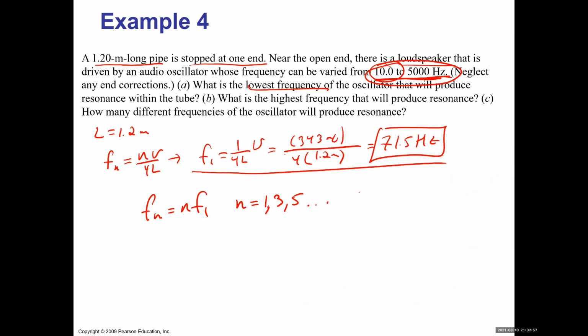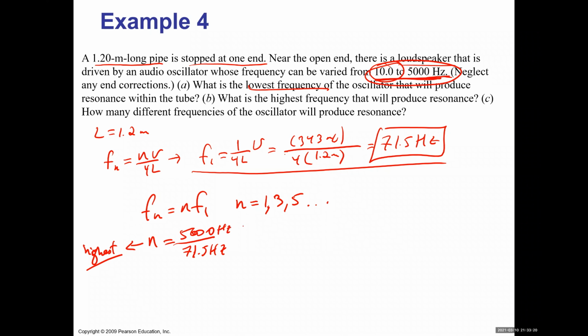Our goal here is to find the highest n where we can have 5,000 as our ceiling frequency. That means n equals 5,000 hertz divided by 71.5 hertz.